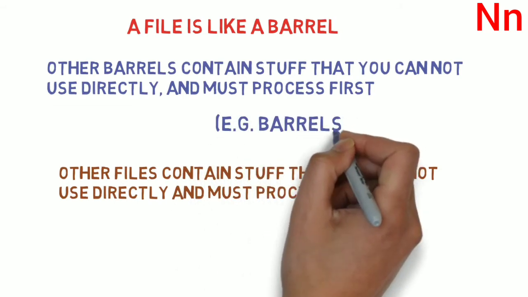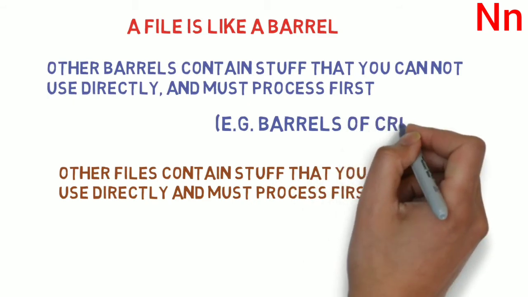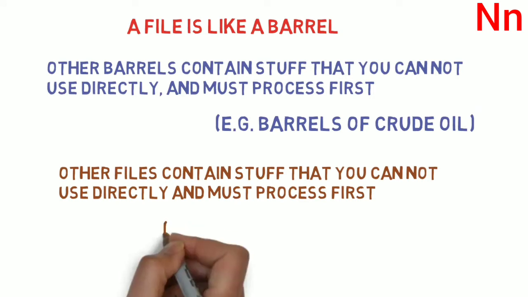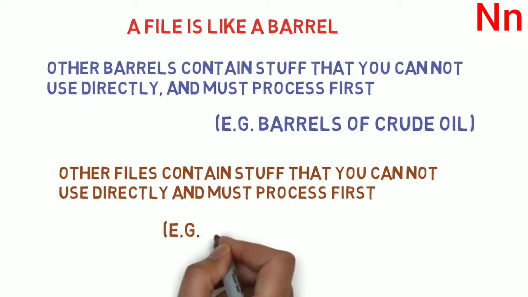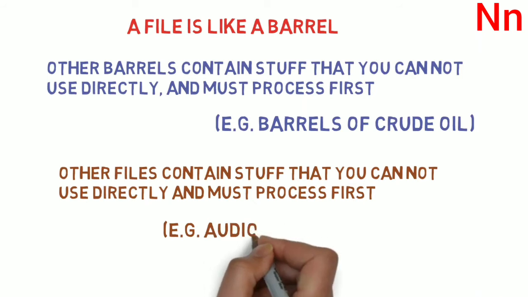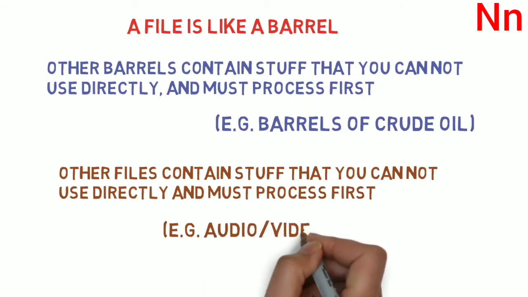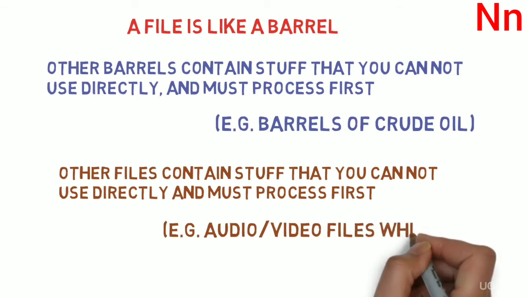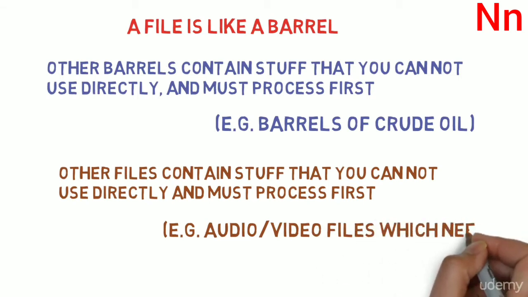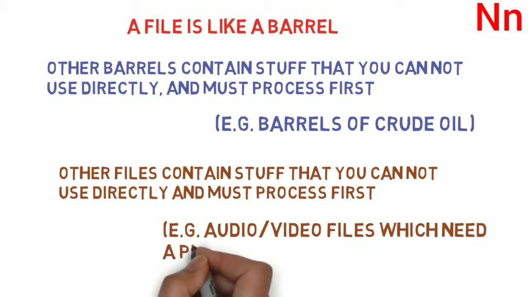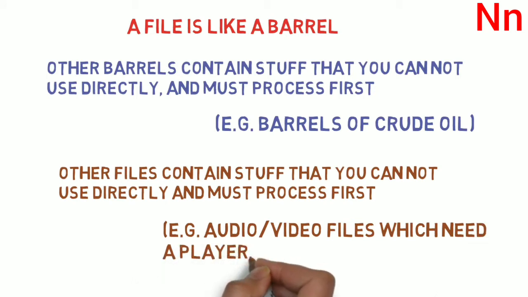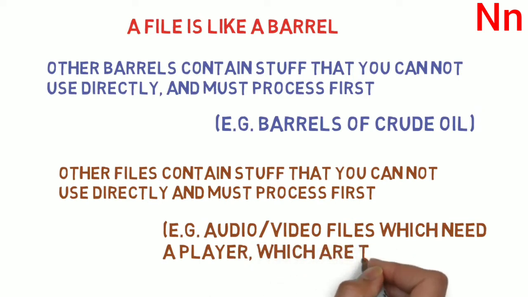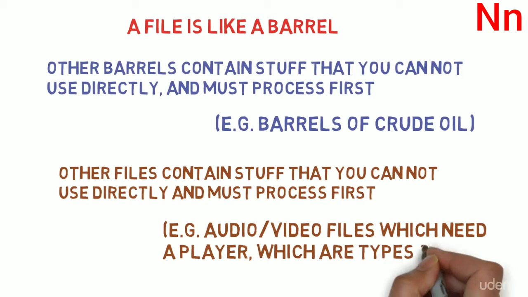Examples of this: barrels can contain crude oil, which needs to be first converted into, say, petrol or gasoline. Similarly, files like audio or video files are in a format called a binary format.